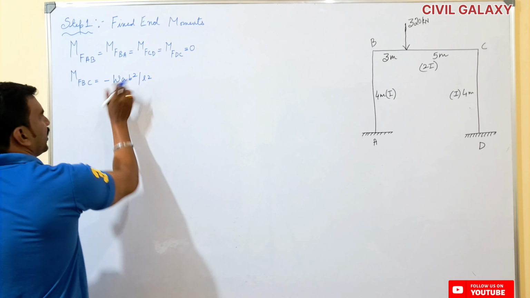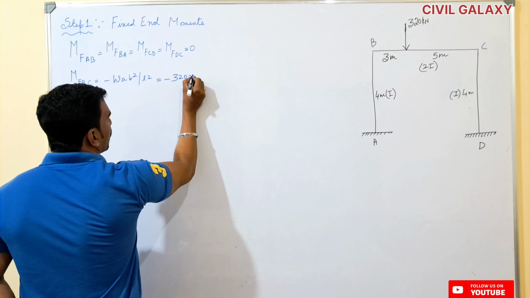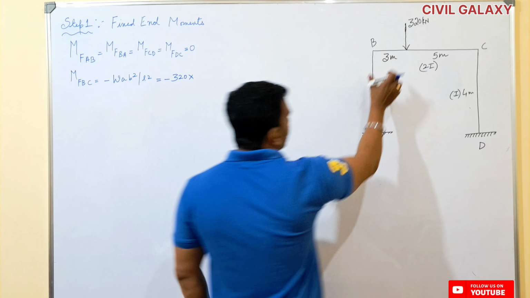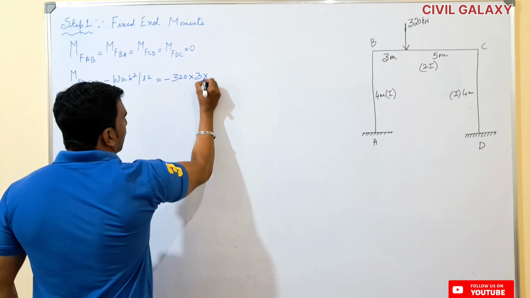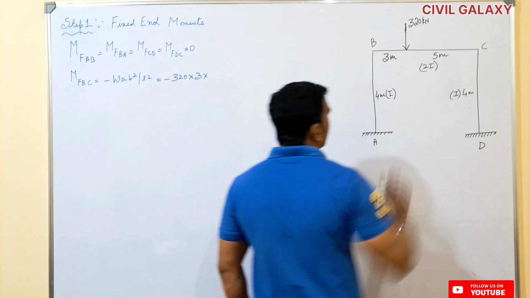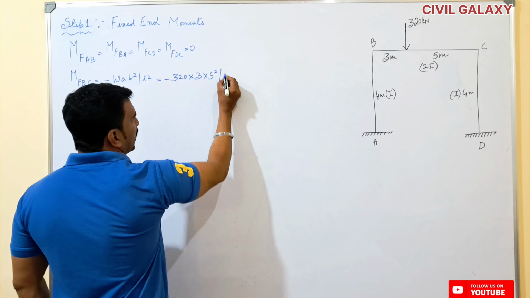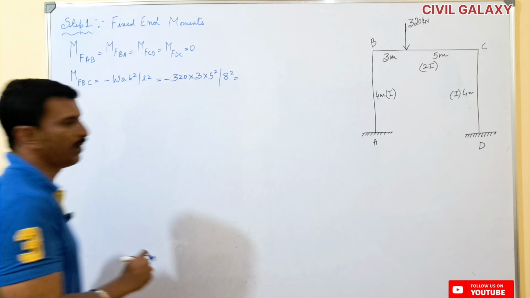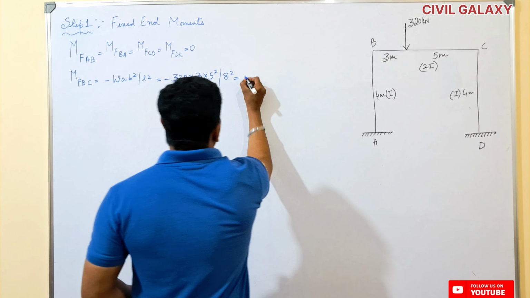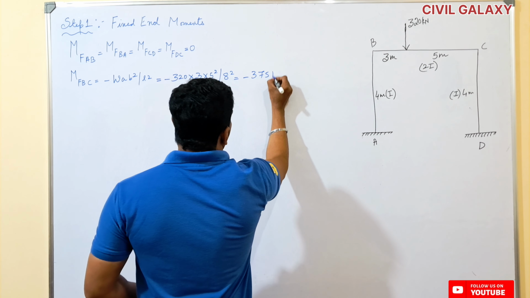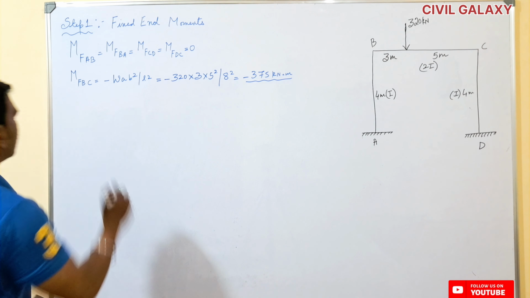Applying the values, W is 320, a is the distance from point B, which is 3 meters, b is 5 meters, so 5 squared upon the total length 8 squared, which is equal to minus 375 kilonewton meters. So this is the value for fixed end moment from B to C.